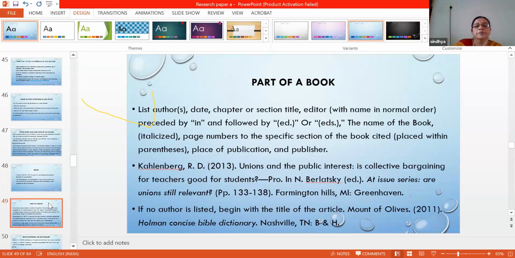And for part of a book, list the author, the year of publication, and the chapter or section. If you are quoting from an edited book or a chapter from a book, you can follow this procedure.